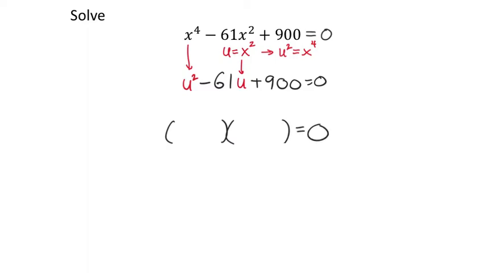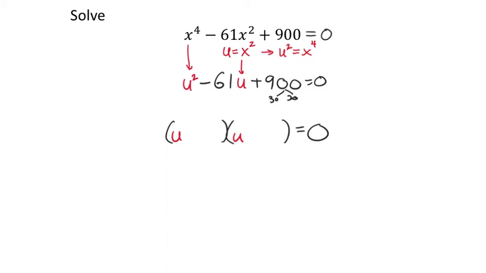I am using u still, though. So it's not x anymore, it's u. Let's figure out what those 2 factors are. Calculator should be useful here. 900, by the way, is a perfect square. So you could say 30 times 30, but that doesn't add up to -61. So let's look at some other values.